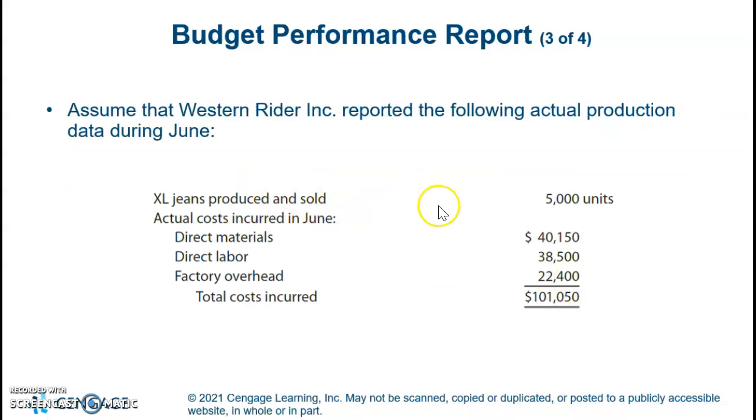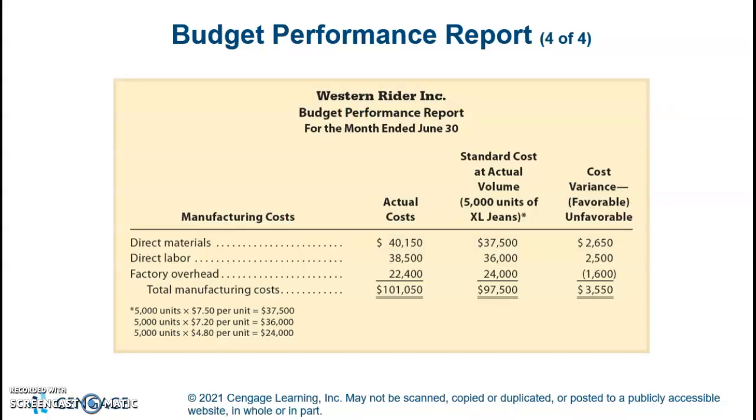So we actually produced and sold 5,000 units, and the direct material actually incurred was 40,150. Direct labor was actually 38,500, and factory overhead was actually 22,400. So when we put it into our report, we're going to look at it and compare it to actual.